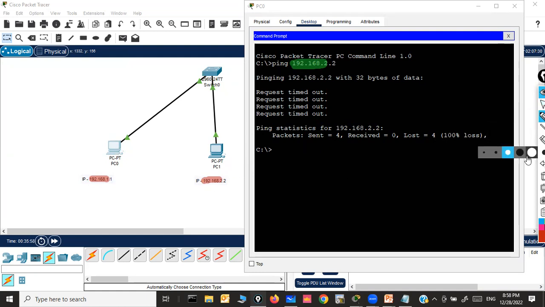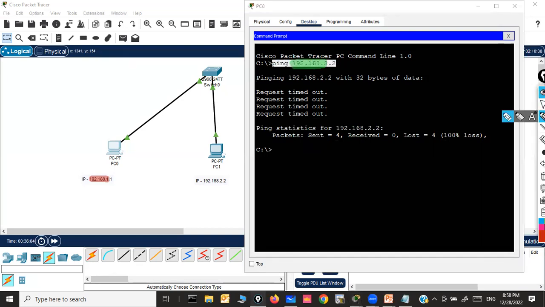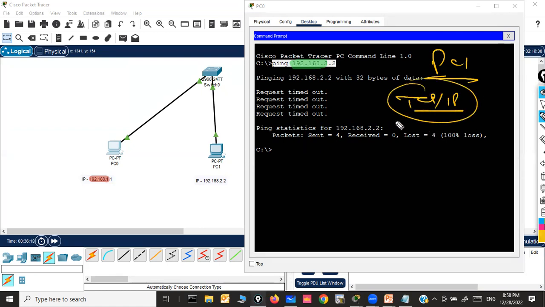But when I initiated this ping from this computer, 192.168.2.2, what must have happened behind the scenes? On this PC1, the TCP/IP protocol software stack must have checked the subnet mask to find out the network portion.